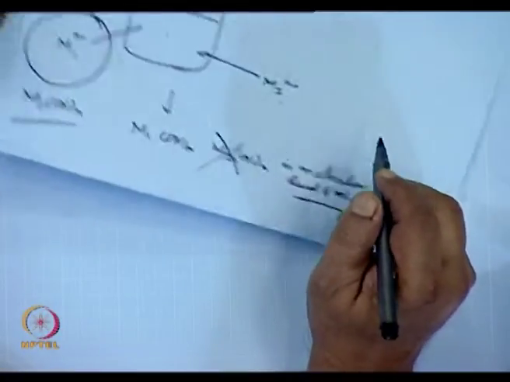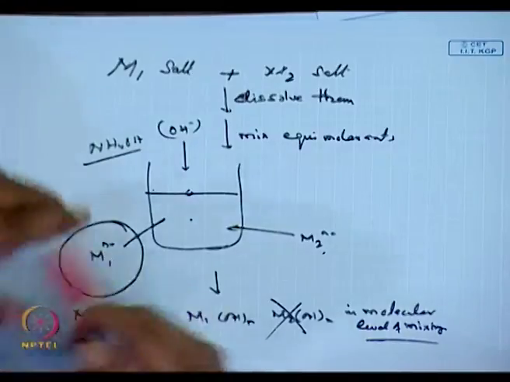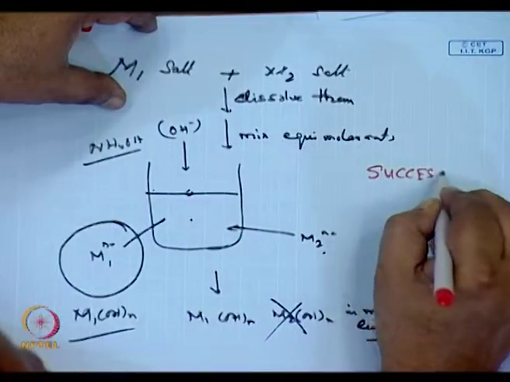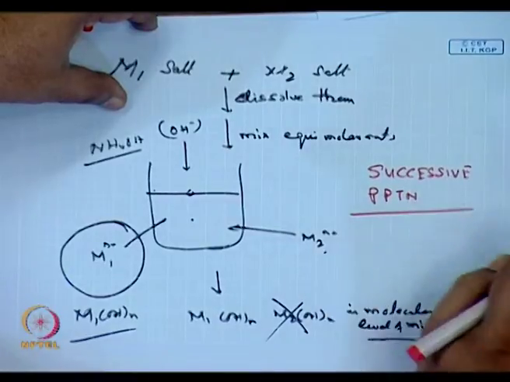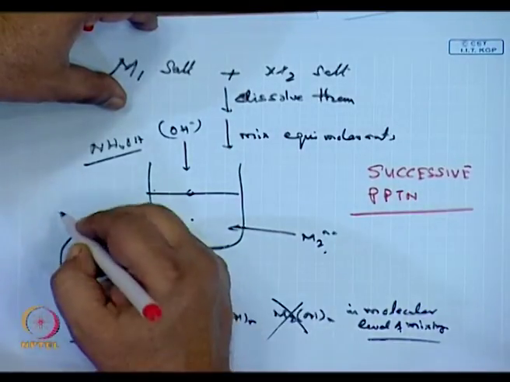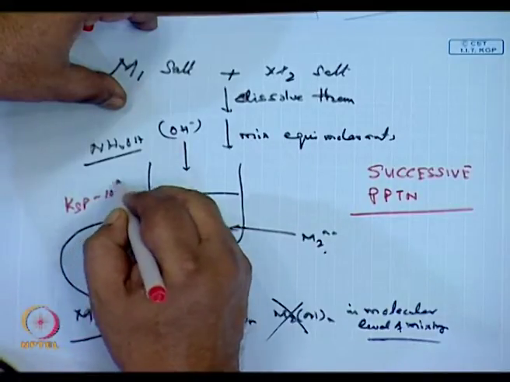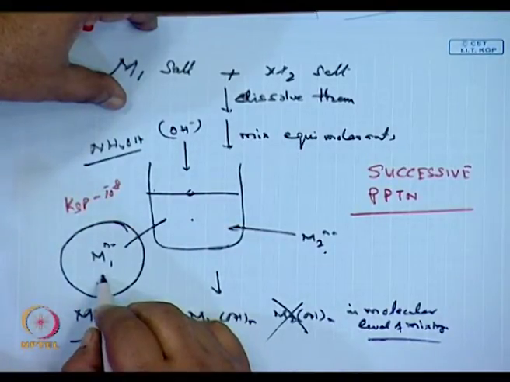So, in most of the cases, if we take say a solution of two metal ions and then add alkali to it, we do not have the ions precipitating together. In most of the cases, it is one of successive precipitation, as I have just said here, because the KSP is 10 to the power of minus 8, M1 OHN will precipitate first.